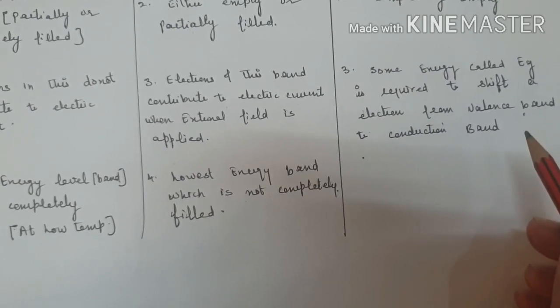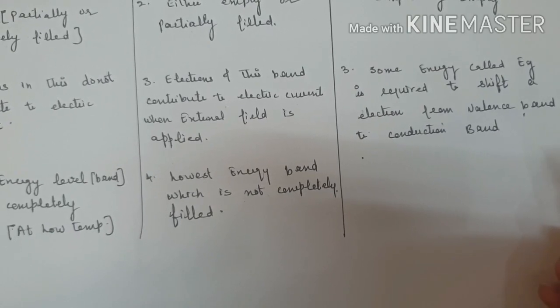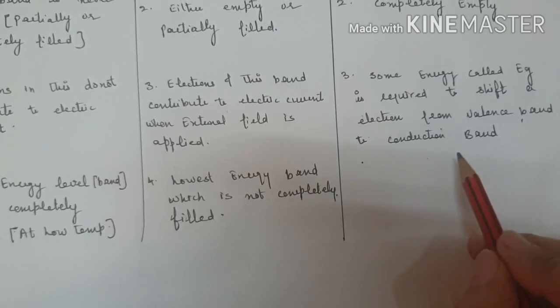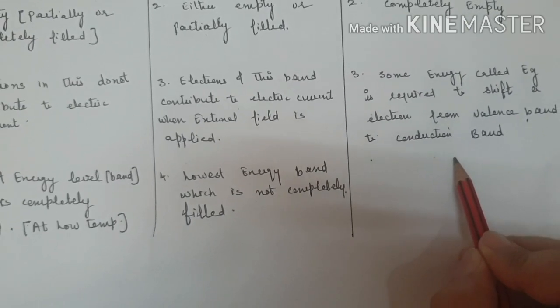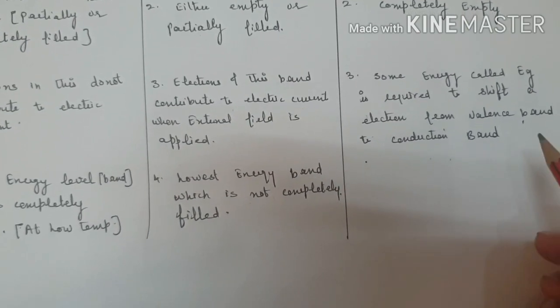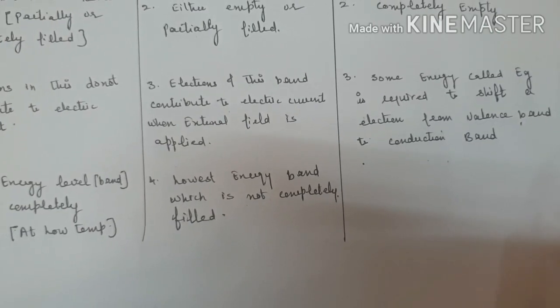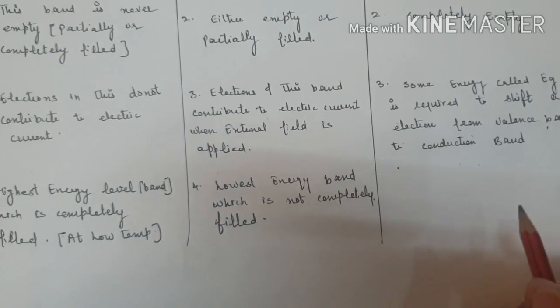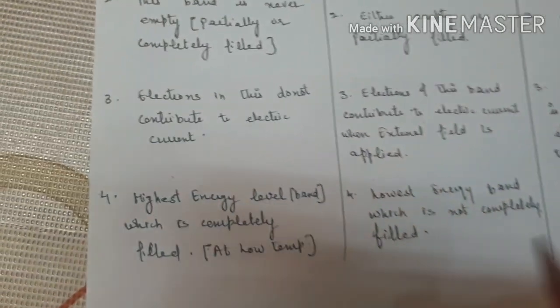For example, for germanium it is 0.7 electron volt, and for silicon it is 1.1 electron volt. And for an insulator about 6 electron volt, and for conductors it differs depending upon the type of conductor we are considering.